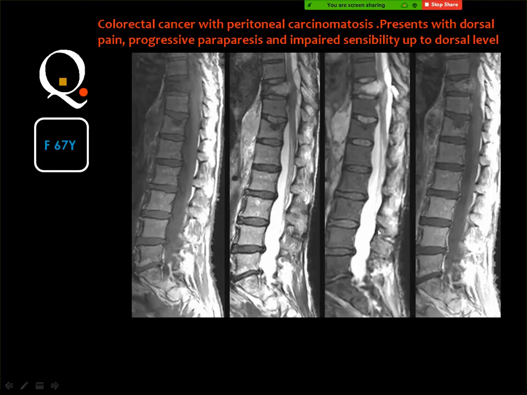But what is very important in this particular issue is the presence of associated soft tissue components, either inside the spinal canal or in the prevertebral region.